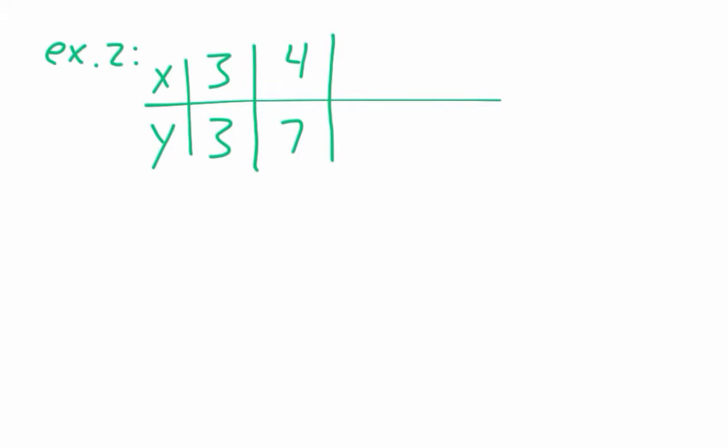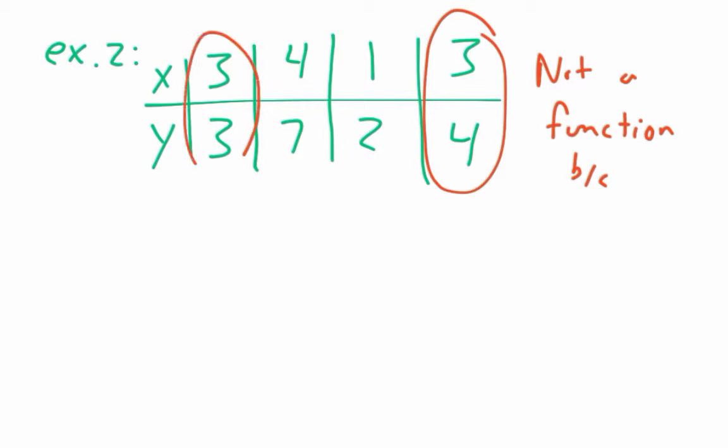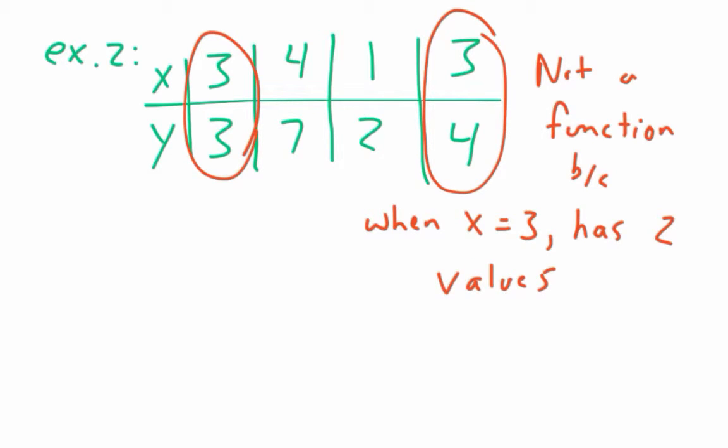If I were to give you then like a 1 and a 2, something like that, so still a function? If I were to add a 3 and a 4, function, not a function? Not a function. So now officially it's not a function. Because basically it's this point here and this point there. You can say when x equals 3, you have 2 different y values.